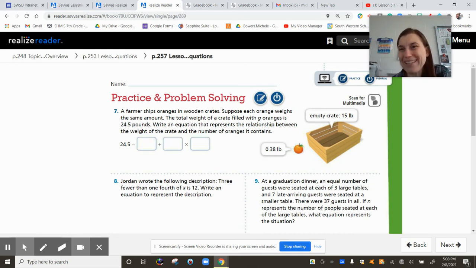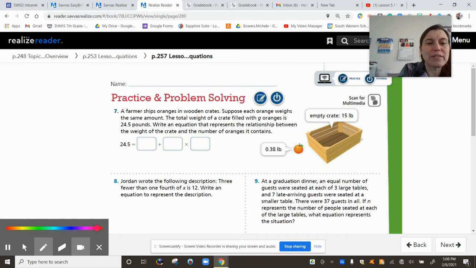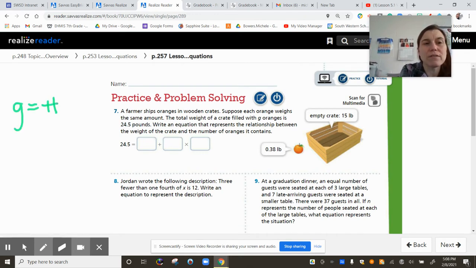It doesn't say a number. It says G. So G represents the number of oranges. I know it's a letter, but it represents the number of oranges. Before it was a hashtag, it was a way to shorthand for number. Just so you know, number of oranges.